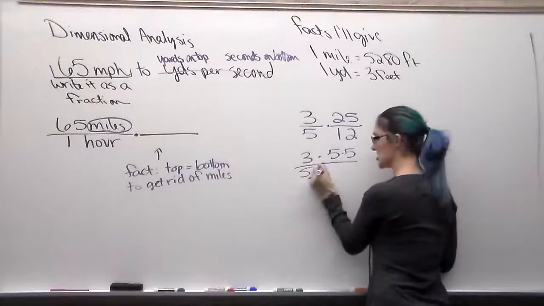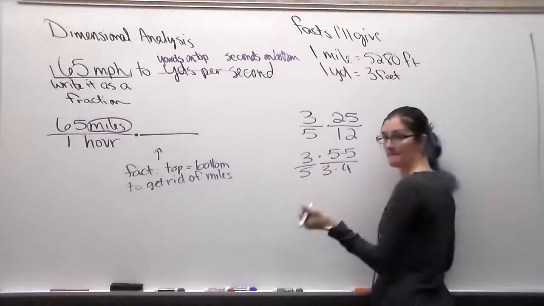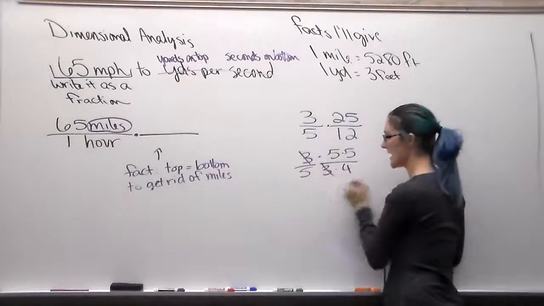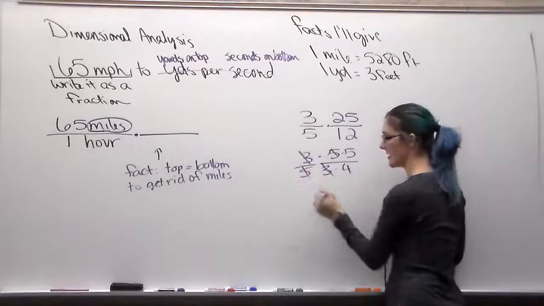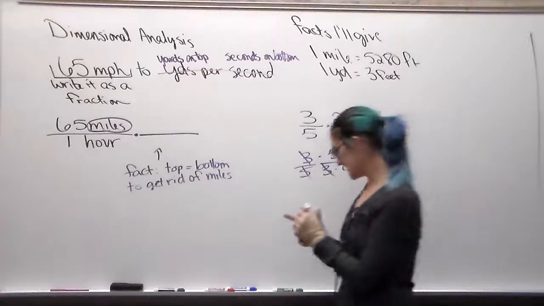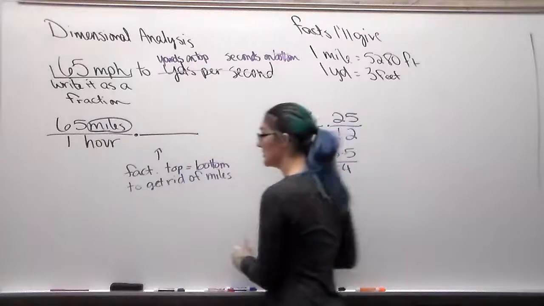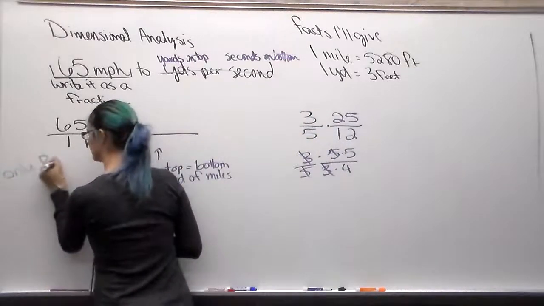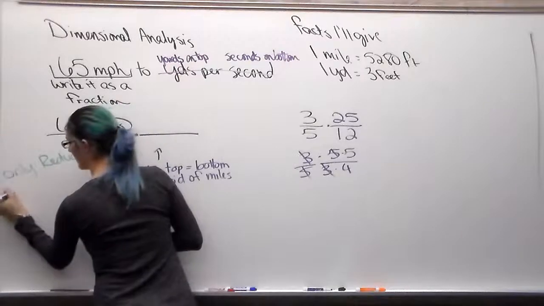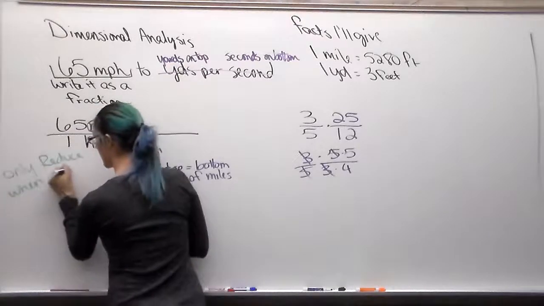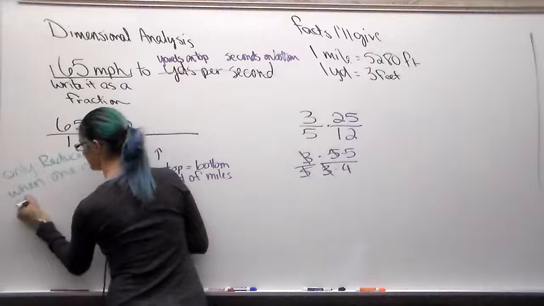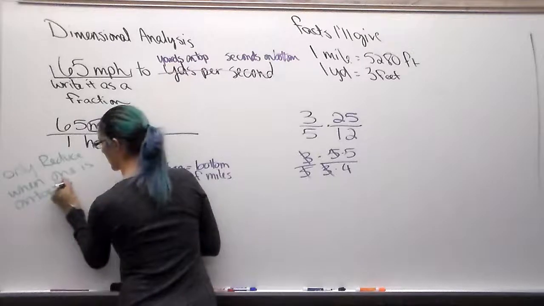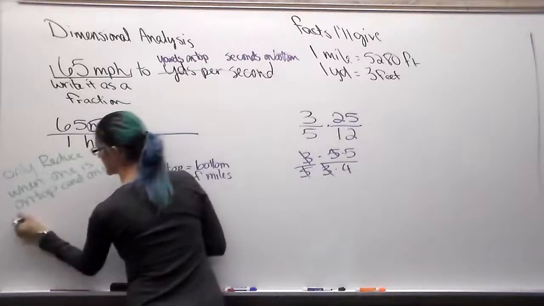Instead of 12, I could do 3 times 4. And then you can actually reduce across the fractions. But you can only reduce when 1 is on top and 1 is on bottom.